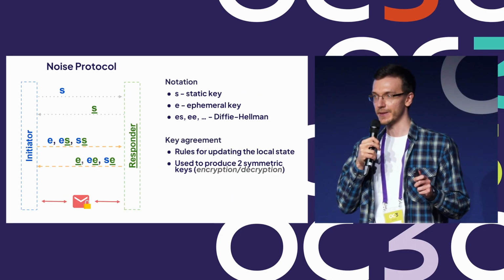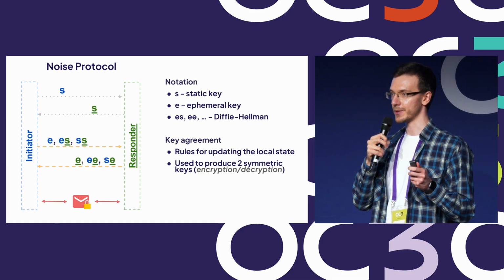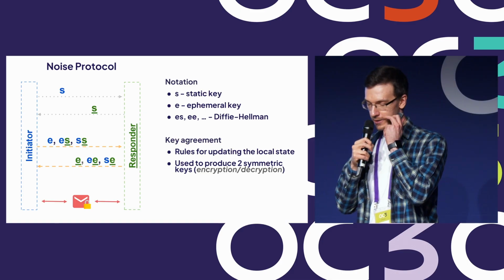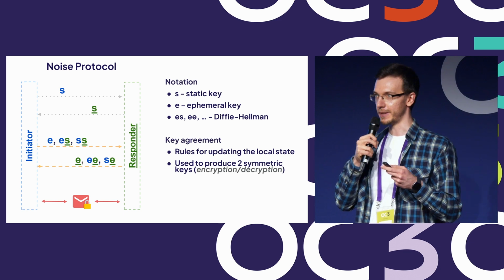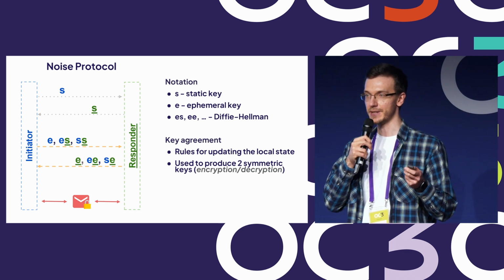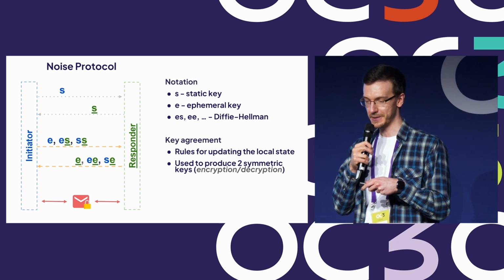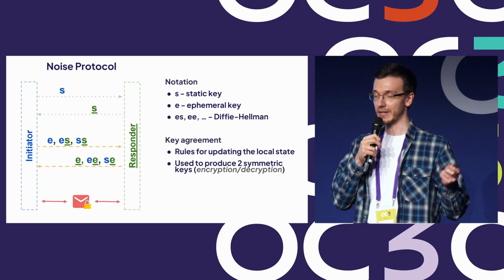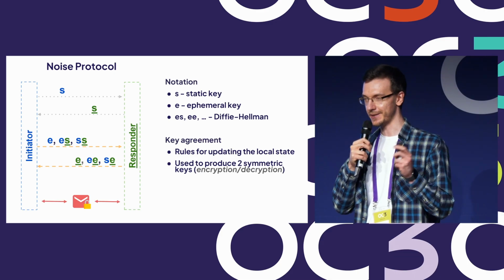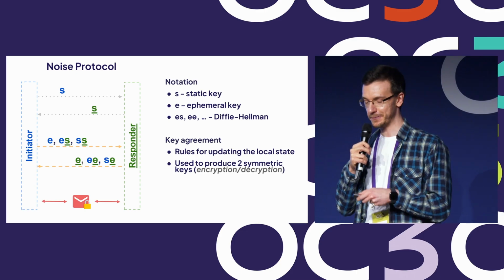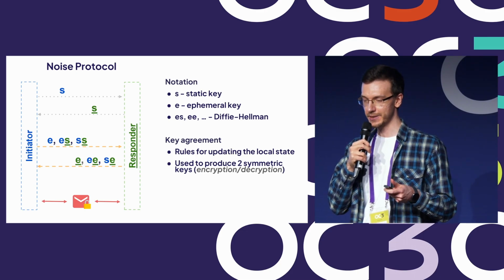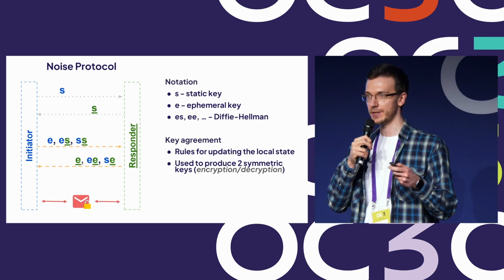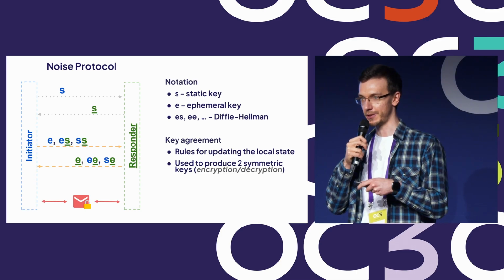But let's take a look at the example of how exactly noise protocol works. And we'll take a look at the pattern which uses static keys for both of the participants. So in noise, the client side is often called the initiator, and the server side is called the responder. Here, you are expected to have the static keys already exchanged between the client and the service.